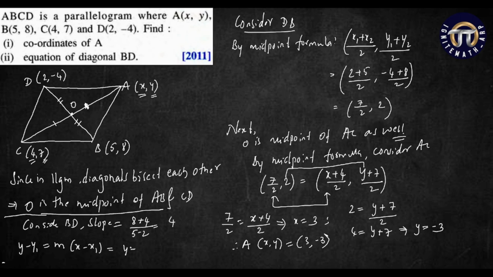You can take either D or B. So y minus 8 is equal to 4 into (x minus 5). Clear children? So the equation would be 4x minus y, minus 20 plus 8, that is minus 12, equal to 0. This is the equation of the diagonal BD. Clear children? Yes.